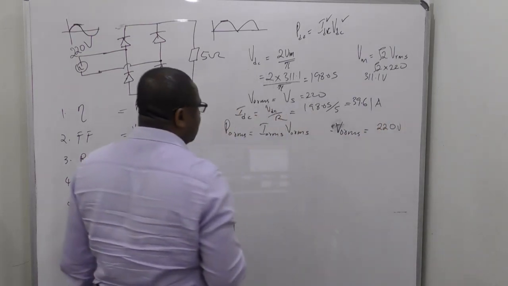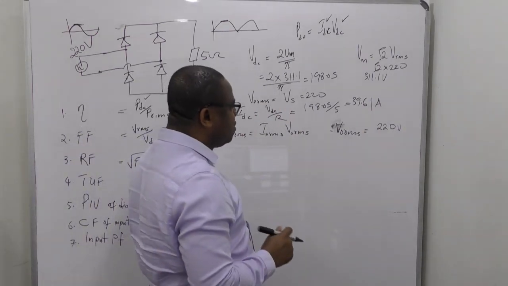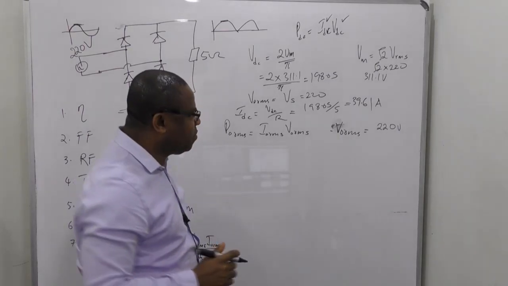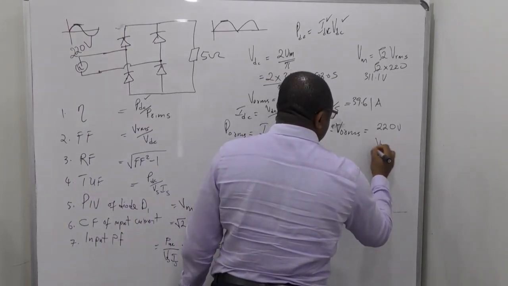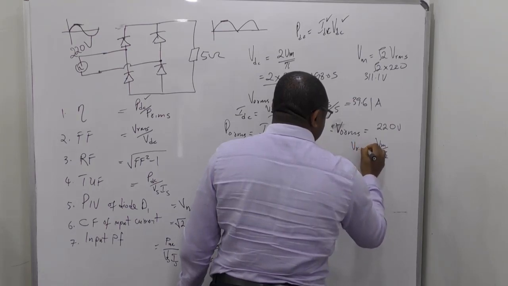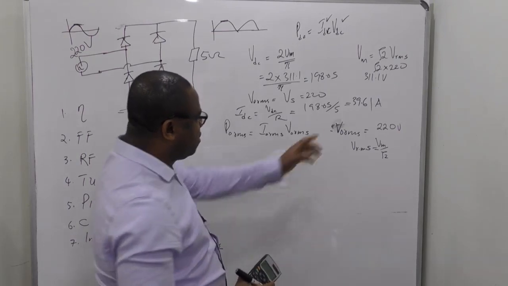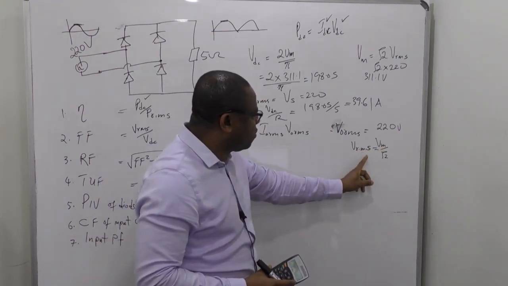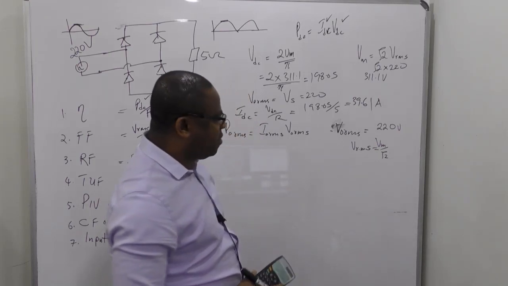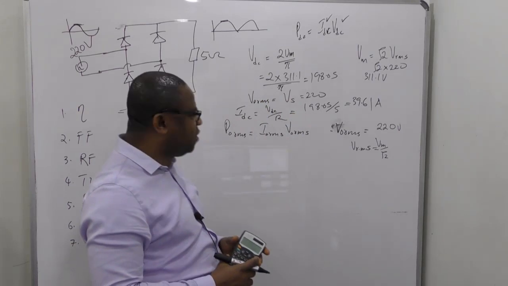Remember what we derived before, that VRMS is V peak over root 2, so root 2 times VRMS will give you V peak. VRMS here is the same thing as the source voltage.